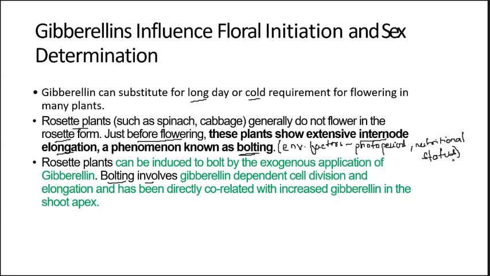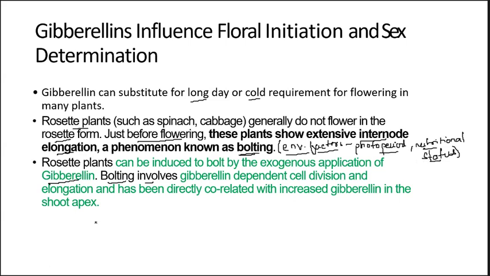So rosette plants wait for the right stimulus to show the bolting process, but when gibberellin is applied, it can substitute those stimuli for bolting. Those environmental or other factors can be substituted, and internode elongation will be seen when gibberellin is applied. So gibberellin helps in internodal elongation.